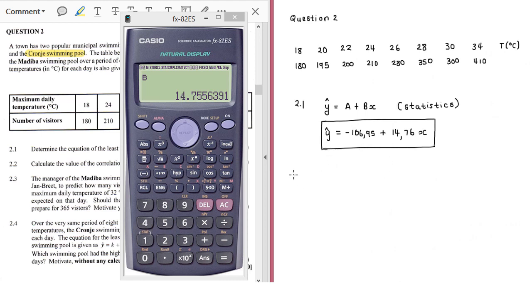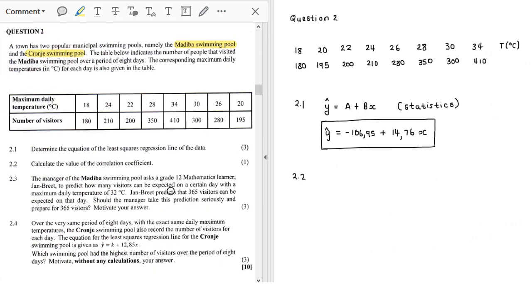Question 2.2, let's just move this. It says calculate the value of the correlation coefficient. Remember, the correlation coefficient is basically the value of R. That is going to be from the calculator.